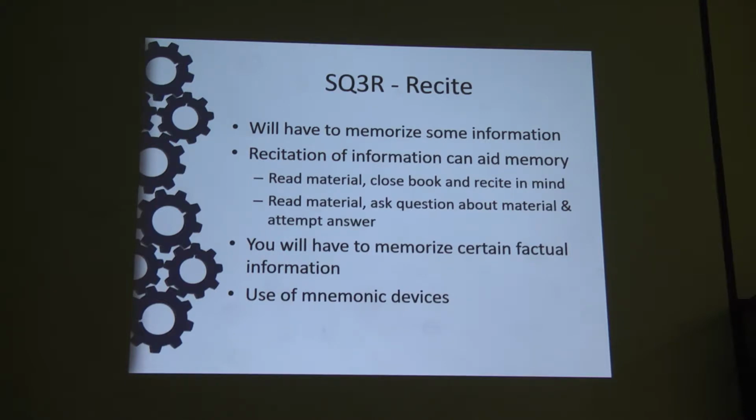Read the material, and if you think, oh, that obviously would make a good question, then make sure you memorize that factual information. It helps sometimes to say it out loud, it helps to write it down, and you can also come up with mnemonic devices, where you come up with an acronym that helps you remember something.